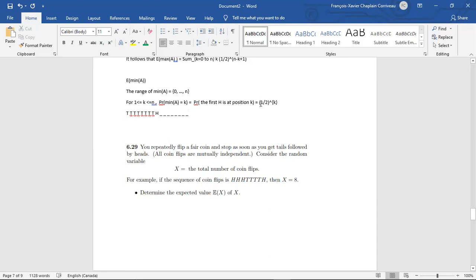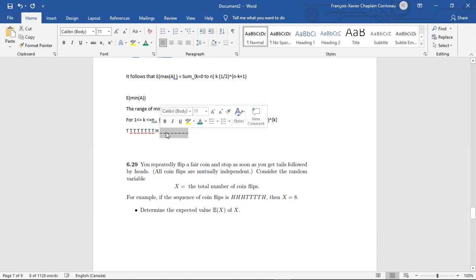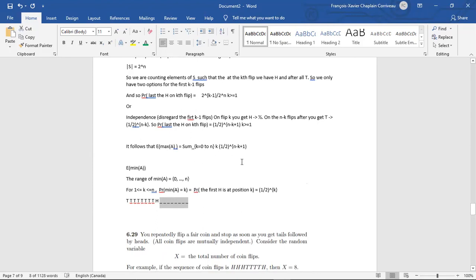So in total, k flips that are fixed. So here we disregard the other flips. And that's kind of what I don't like about independence is sometimes you get confused about, well, do I need to care about the other flips or not? When you use independence, you don't care. But when you count things, you do care. So it's the slightly confusing thing.